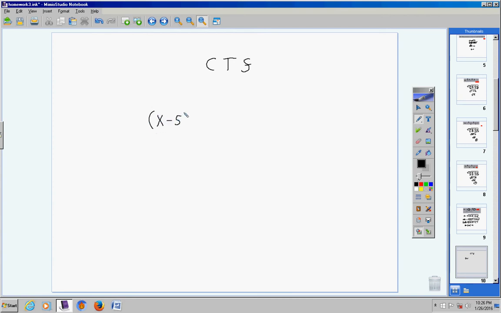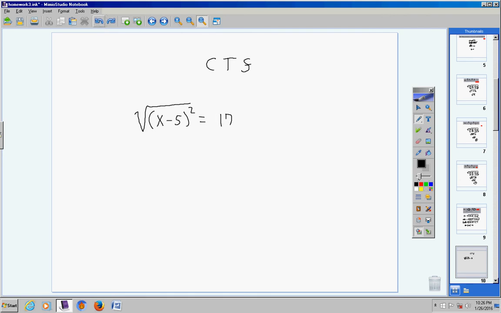X minus 5 quantity squared equals, I don't know, 17. And remember what I told you to do? I told you to get rid of the squared. Take the square root, but if you take the square root of one side, take the square root of the other side, put a plus minus. Okay? That should hopefully ring a bell. That's from completing the square.